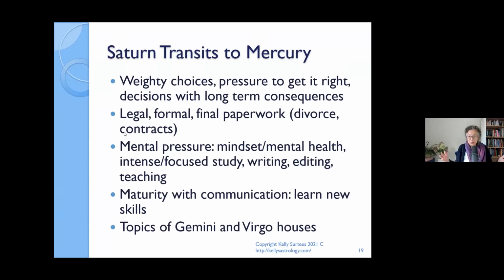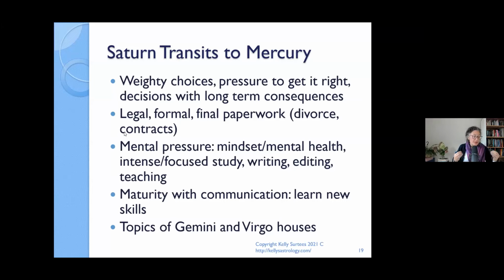It is a legal process, and there are a lot of documents that need to be signed through it. So the separation could come about through a variety of transits, but the piece where you are signing the final legal documents, that official divorce part, which is the last piece of the process, has correlated to Saturn transits to Mercury, conjunctions, squares, or oppositions in many clients' charts.